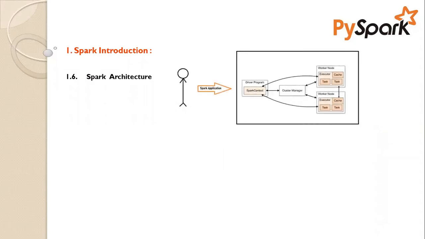Coming to the core concept, Spark architecture. This is the diagram I got from the Spark official documentation. What will happen when we submit a Spark application in cluster mode or client mode?